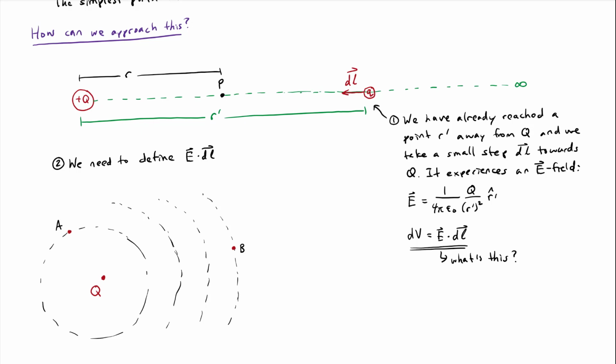So that means we have to consider E dl. dl is going to be a part of the path that it takes, but we know that the electric field is a conservative field, so it doesn't matter what path it takes. So let's just go with a general case like this, which means at any point in time, our test charge Q could be here.